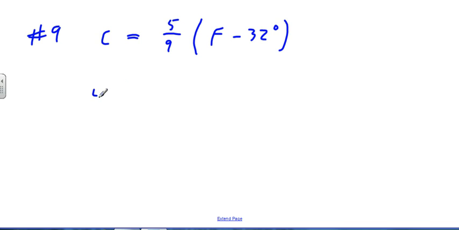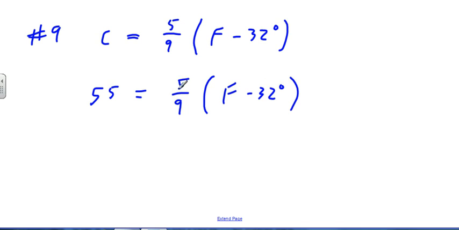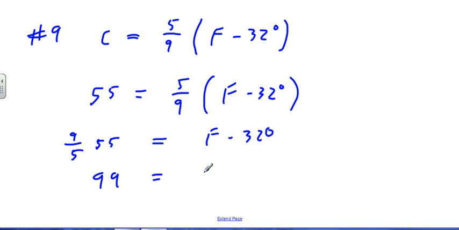All right, so I've got 55 is equal to 5 over 9 times f minus 32. I invert and multiply times 55. f minus 32 is 99.